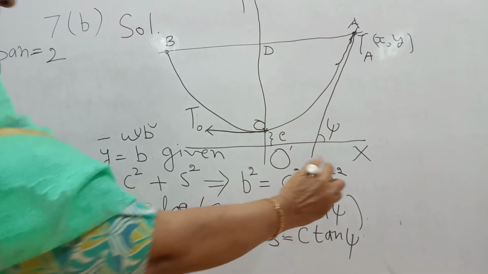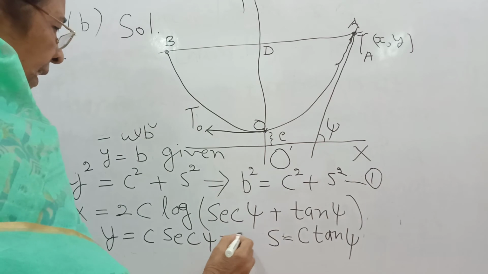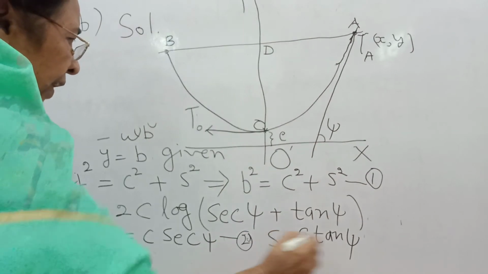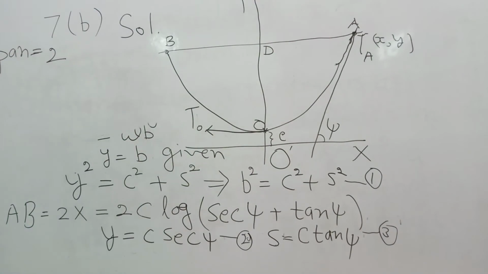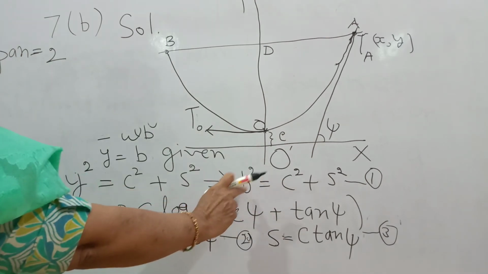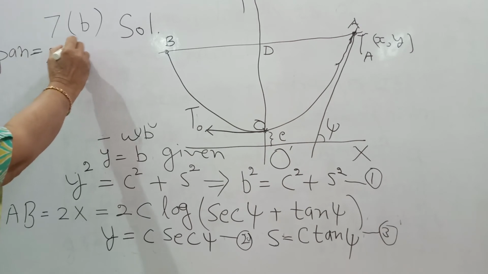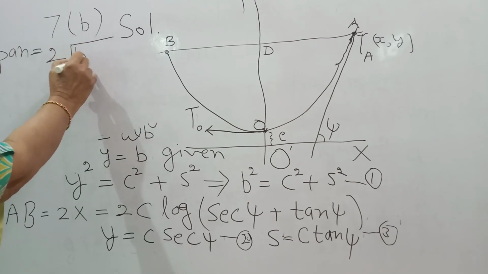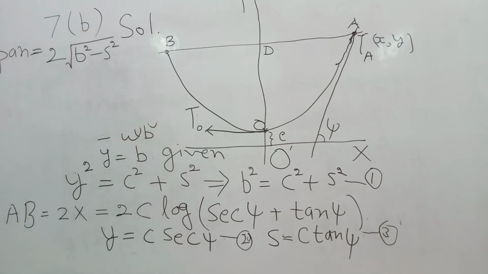Call this 1, call this 2, call this 3. We are going to use equations 1, 2 and 3. We want the value of C. So C square is B square minus S square. So it will be 2 times under root of B square minus S square. Okay. So we have obtained C.